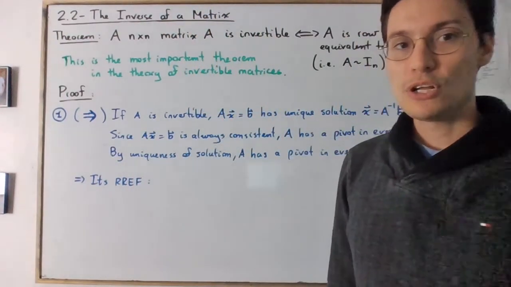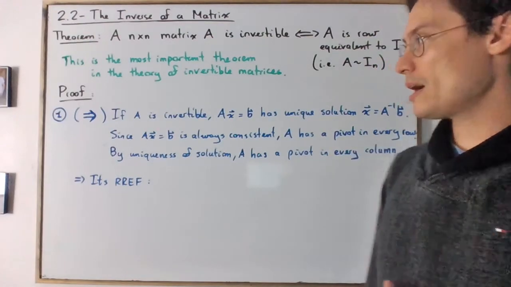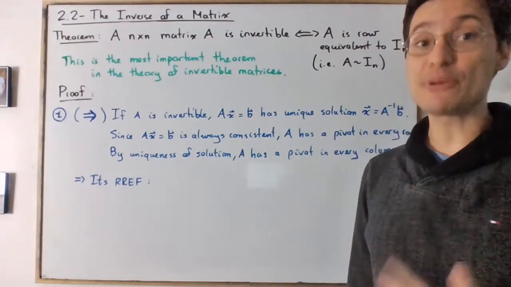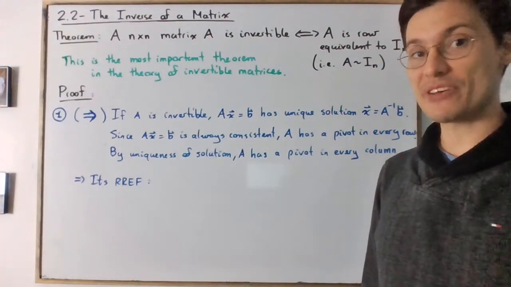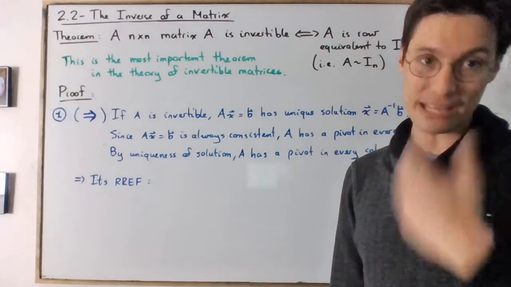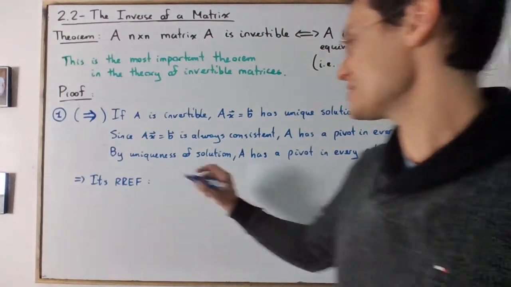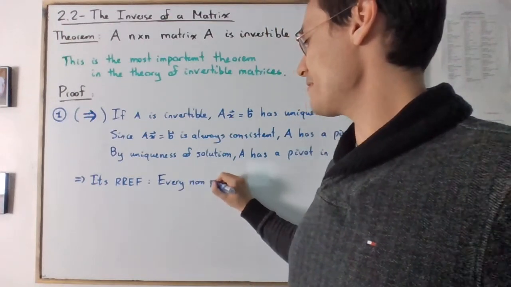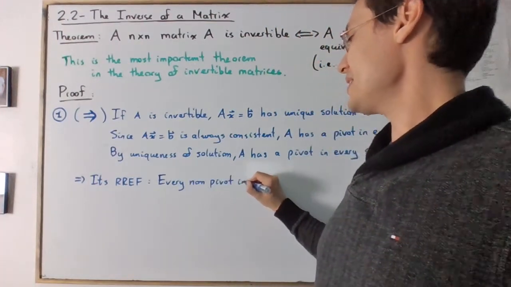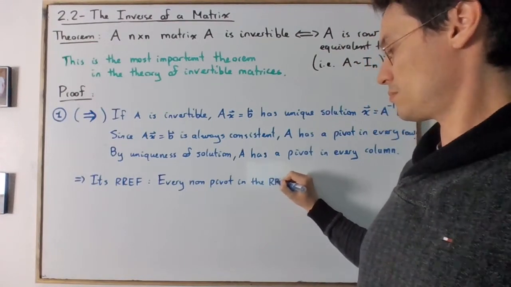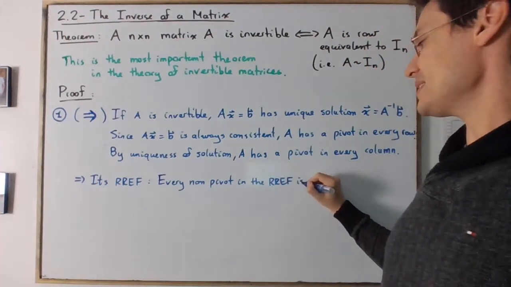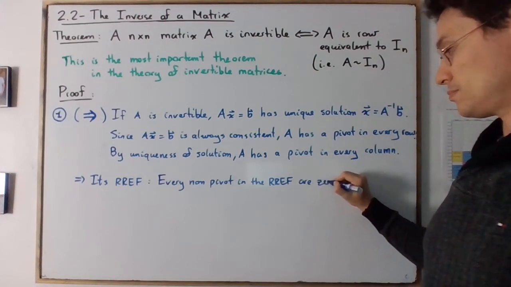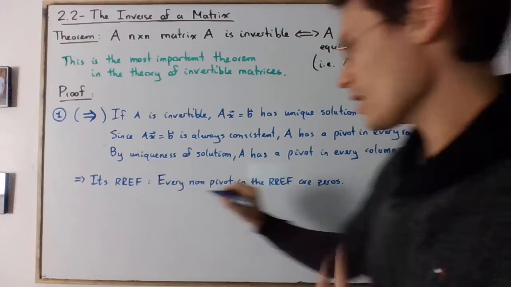Okay, so first of all, the non-pivot elements happen to be 0, and this is because you have a pivot in every column. So everything above or below needs to be 0. So every non-pivot in the RREF is zero.